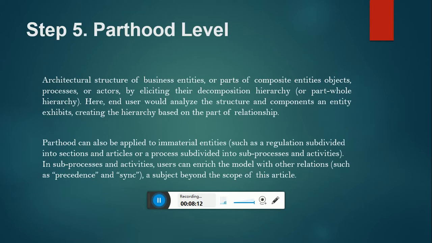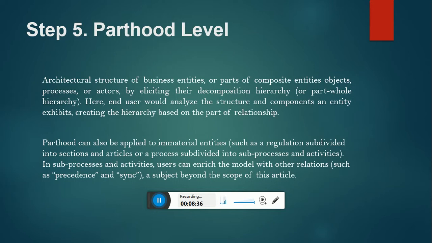So the fifth step is the parthood level. The architectural structure of the whole: business entities are part of composite entities, object, process, or actor, by eliciting their decomposition hierarchy. Here, the end user would analyze the structure and the components an entity exhibits, creating the hierarchy based on part-of relationship.